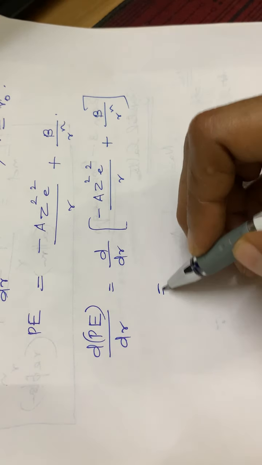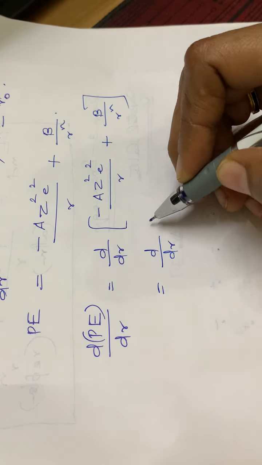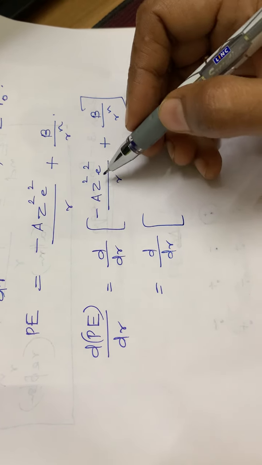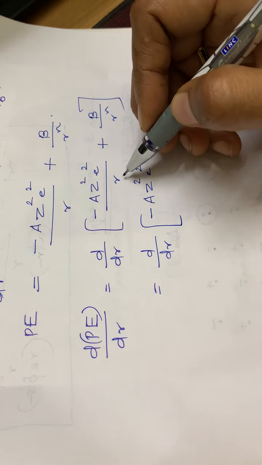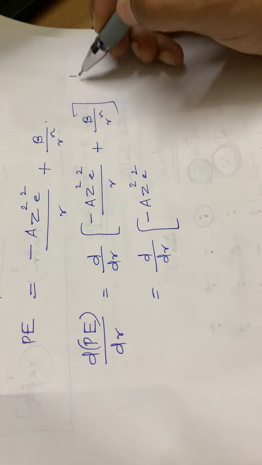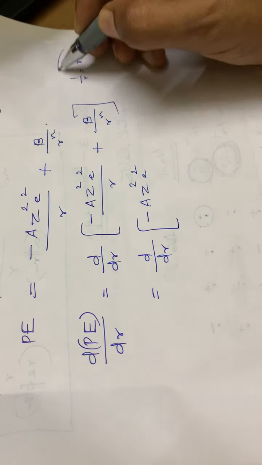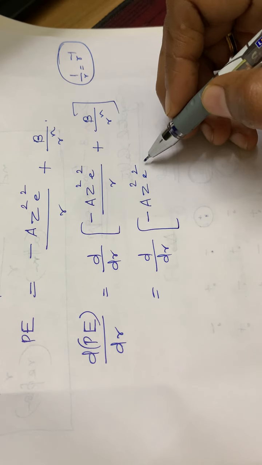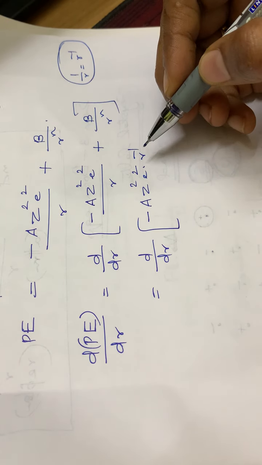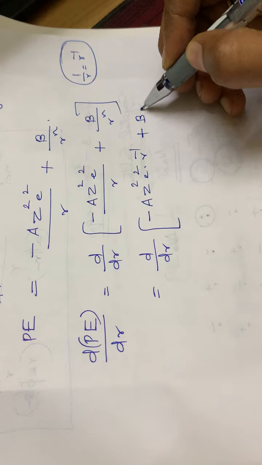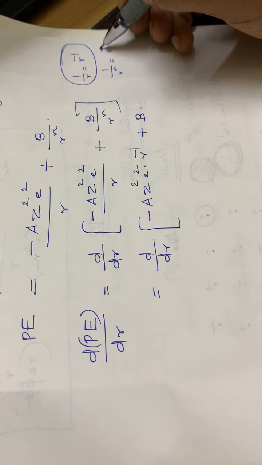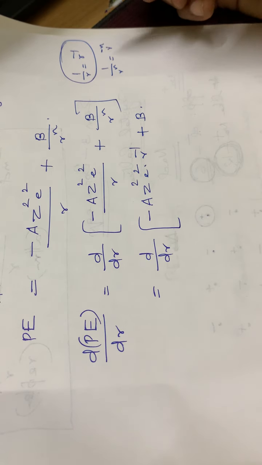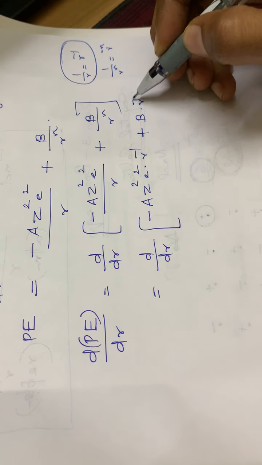Then again, d by dr of, you have to write it in this form: minus A Z square into E square into 1 by r. 1 by r we can write as r raised to minus 1, isn't it? So into r raised to minus 1 plus B into 1 by r raised to n. 1 by r raised to n is r raised to minus n, so B into r raised to minus n.